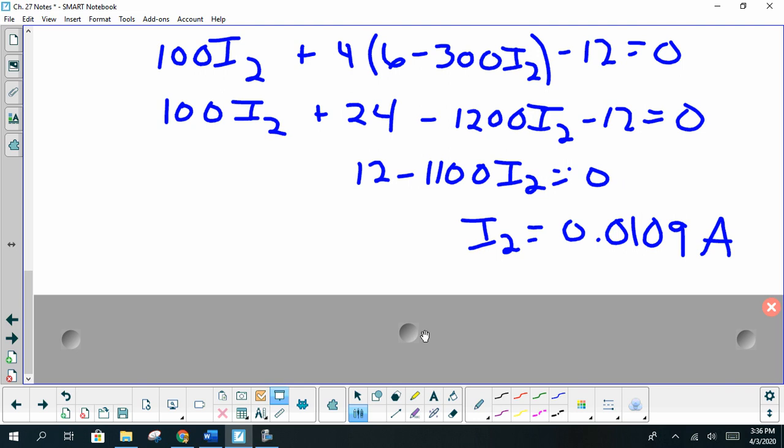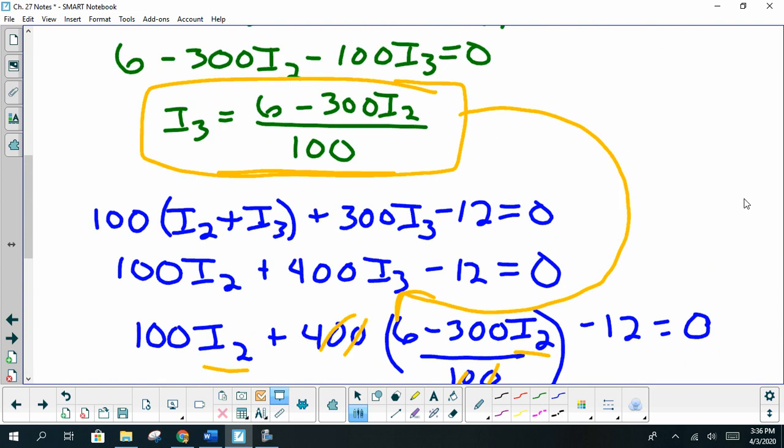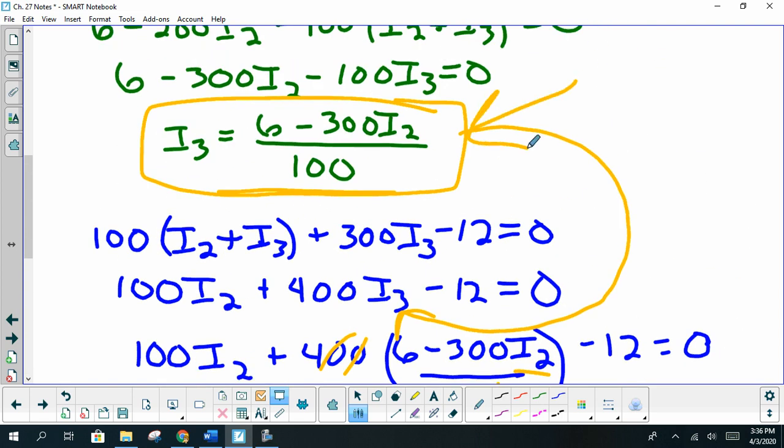Once we have that value for I2, what we need to do is go back and substitute that into our other equation. So we take this value, our I2, which is 0.0109 amps, and substitute it back in up here in this equation that we highlighted just a moment ago to find I3.